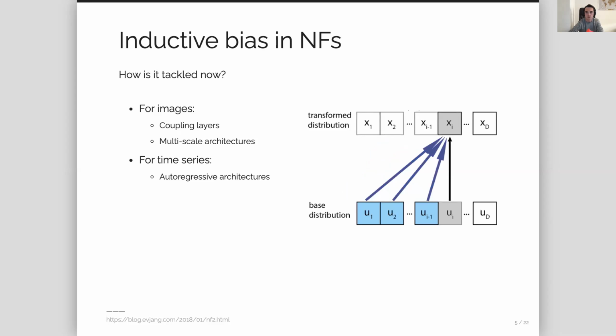Similarly, if we are working with time series, we can use autoregressive architectures. There we do not make any independence assumption, but we say that the randomness of the future can be predicted from the past. So maybe this can be a good inductive bias when working with time series.